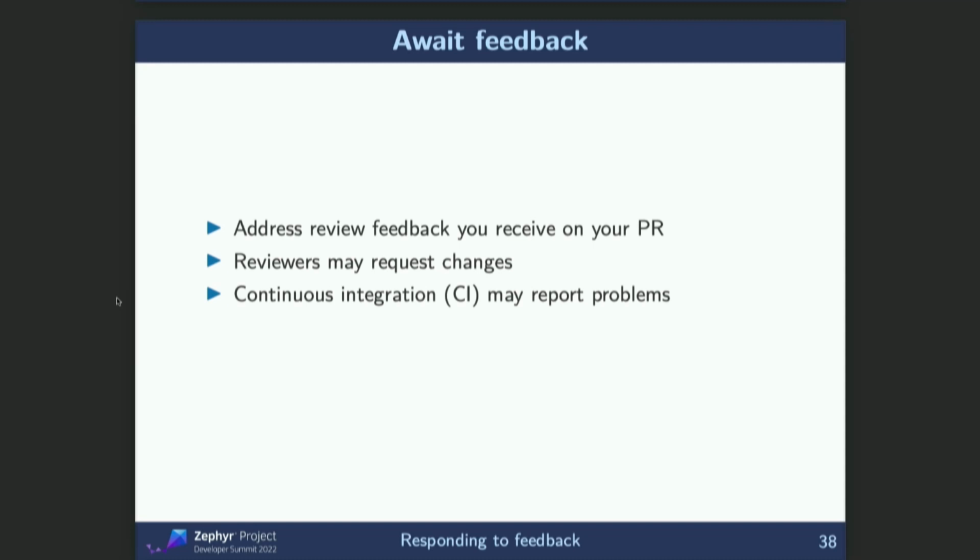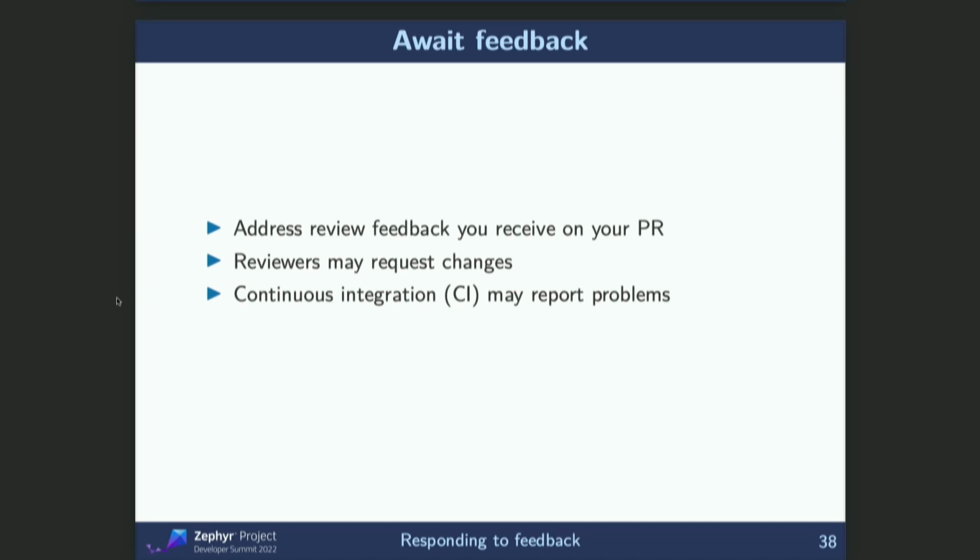Now, aside from human beings looking at the code, there's also CI, which will run a series of tests on your code and on your commit messages, by the way. And obviously that will be reported, and you need to look at that as well, because otherwise you won't be able to merge the PR.